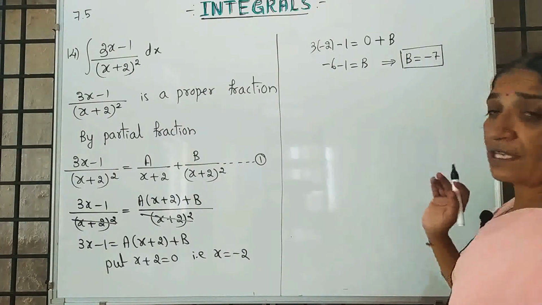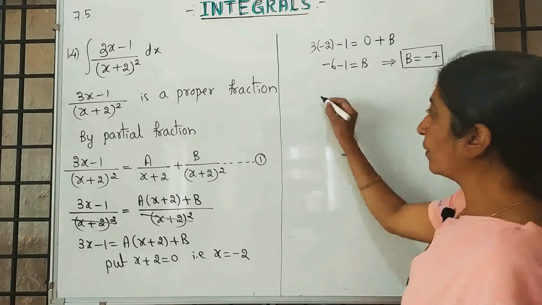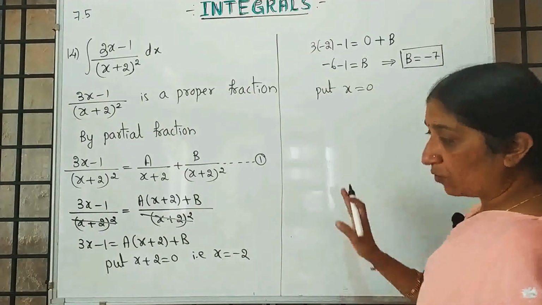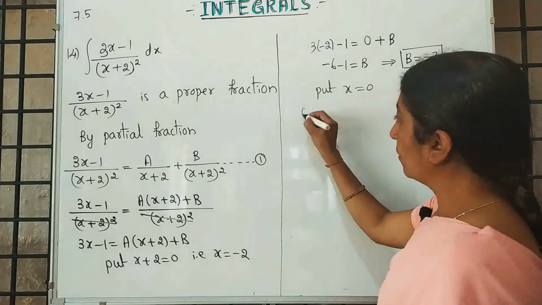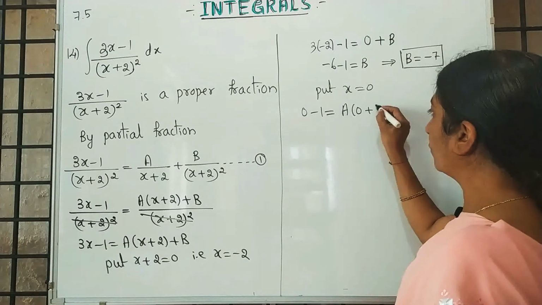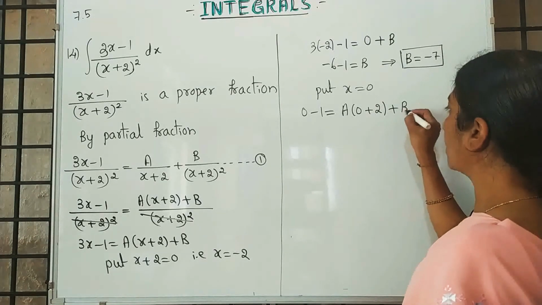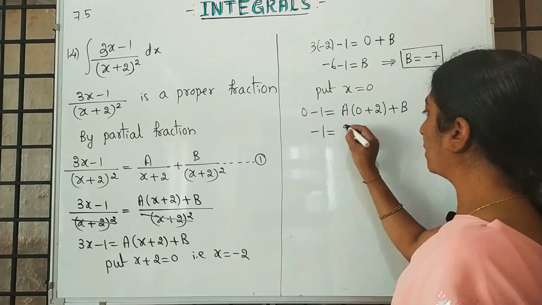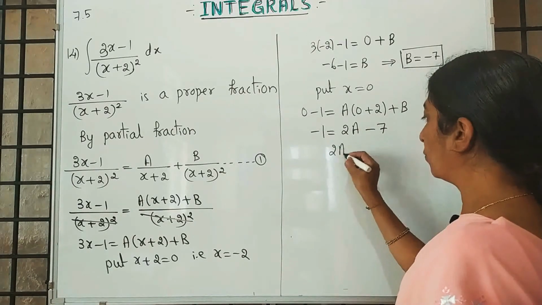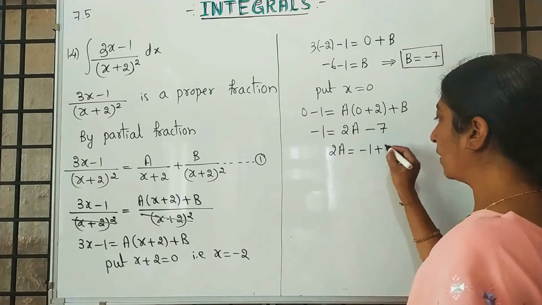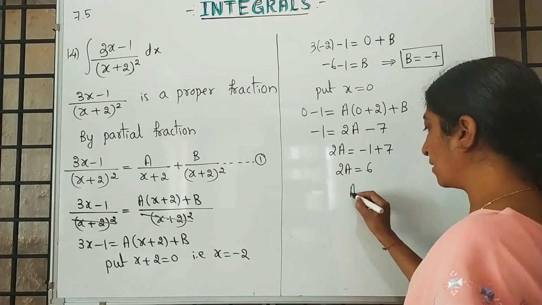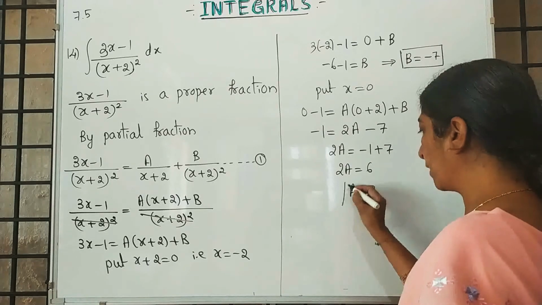The next selection is not possible, so put x is equal to 0. You can also go for equating the coefficients. 0 minus 1 is equal to a into 0 plus 2 plus b. Minus 1 is equal to 2a, b is minus 7. 2a is equal to minus 1 plus 7. 2a is equal to 6, so a is equal to 3.